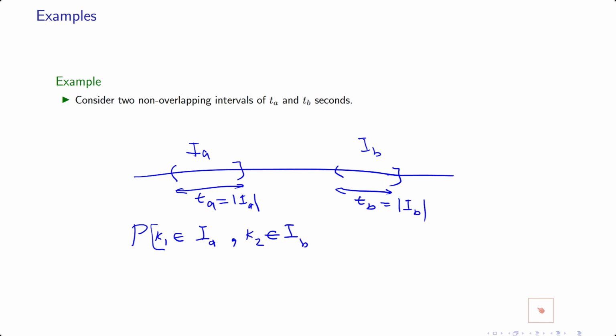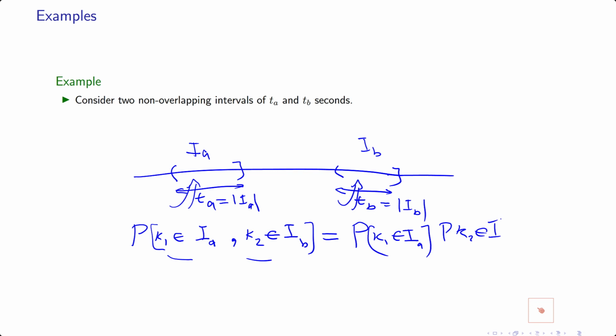Okay, because the points generated in this interval and the points generated in this interval are coming from a huge population, and individuals in this population, these could be atoms or parents and so on, they generate their babies or photons independent of each other. I could say that these two events are independent because there is no overlap, so it's going to be the probability of K1 in interval IA times the probability of K2 in interval IB.